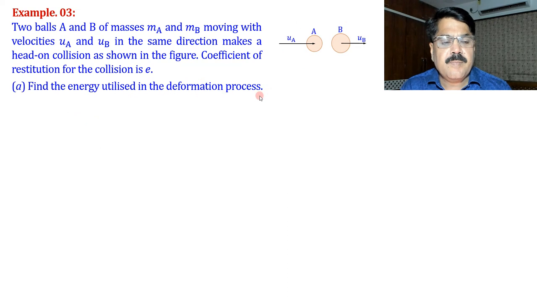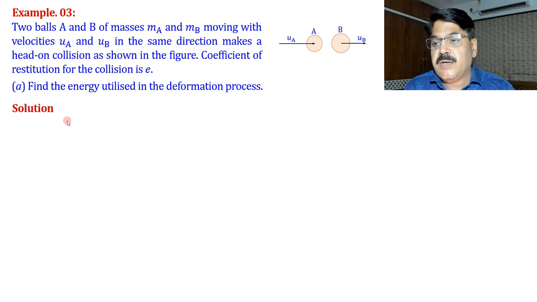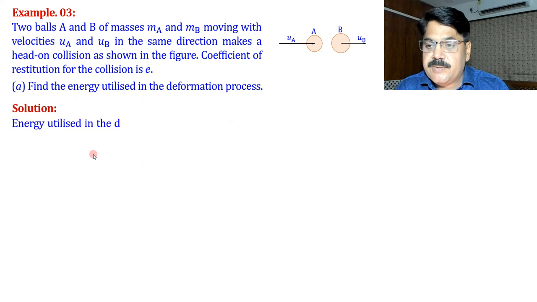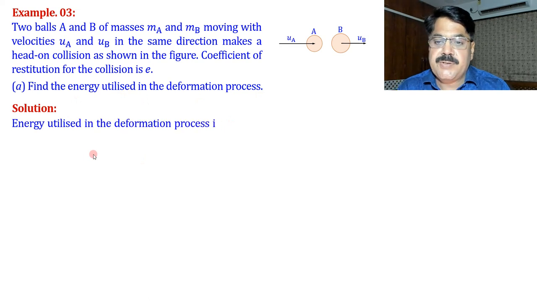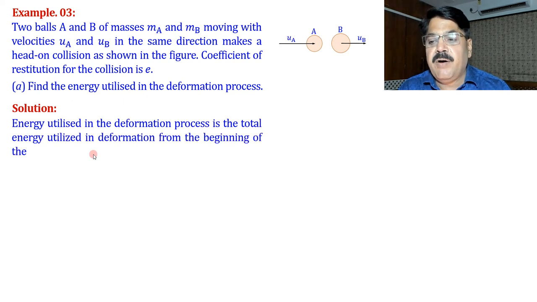It is the energy required to deform the bodies from the beginning of collision till the maximum deformation, because after that the restitution period will begin. So let us first define this. Energy utilized in the deformation process is the total energy utilized in the deformation from the beginning of the collision to the instant of maximum deformation.